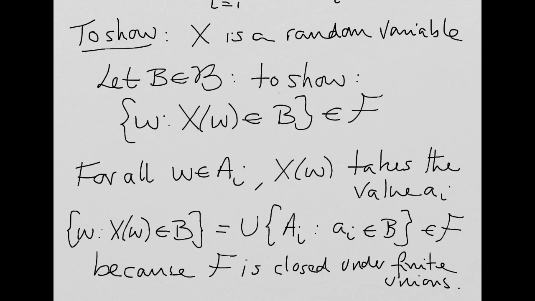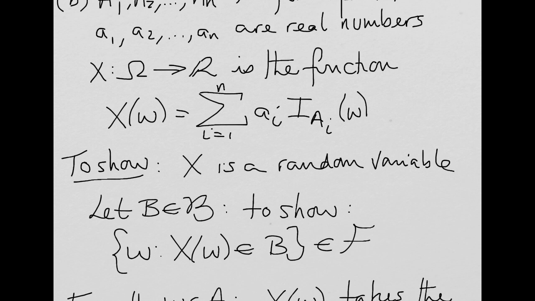So to conclude, we've shown that events of this form lie in the field, and this is for any Borel set, and therefore by definition the function here is a random variable, and that concludes the solution to part B.